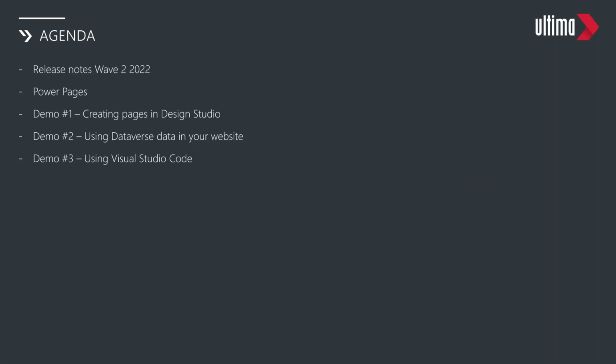So the agenda of today. Today I'm gonna focus on a couple of things. One is I'm briefly gonna talk about the highlights of the Wave 2 release plans. What Microsoft always does is they have 2 release wave plans per year.